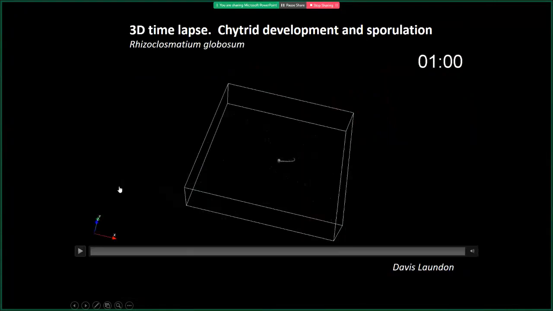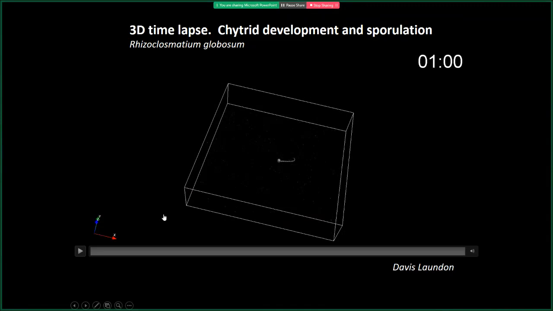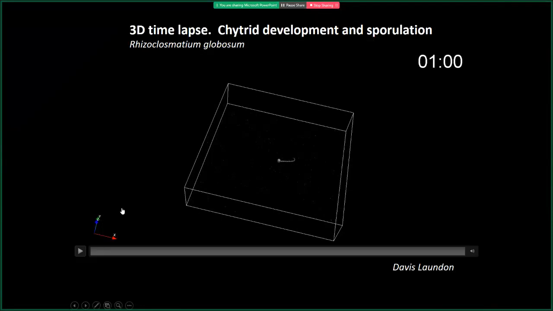I'm going to show you another example of how we can use Z-stack imaging with confocal microscopy to get some really neat imaging. This is a time-lapse sequence of 3D images taken by Davis Laundon of a chytrid fungus as it develops from a single spore. So this is a single spore in the middle.